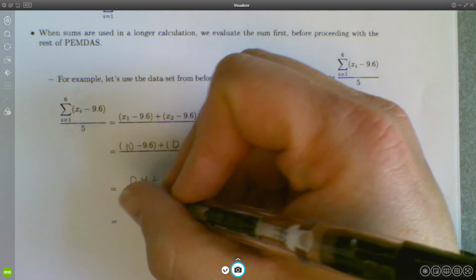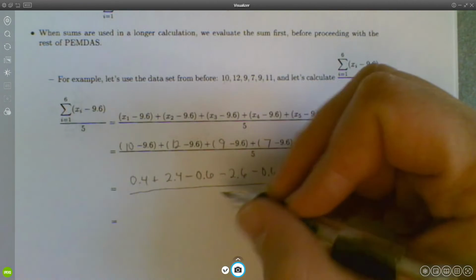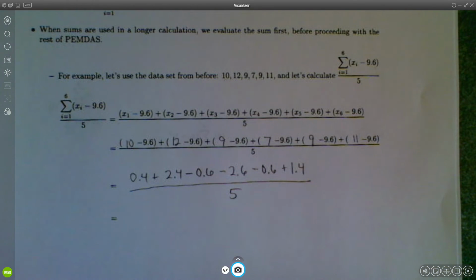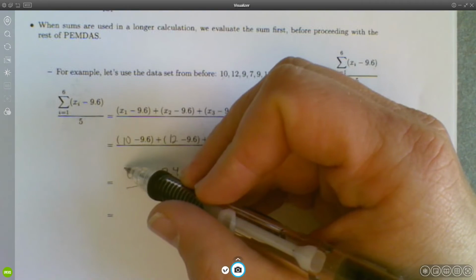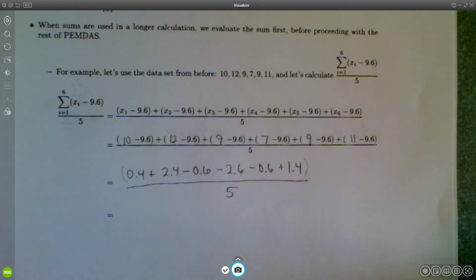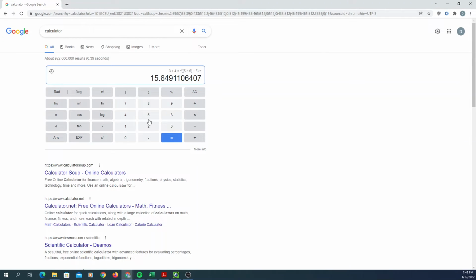And I want to divide the whole thing by 5. At this point, you could punch this whole thing into your calculator. Just remember that you need parentheses around the numerator when you're punching it into your calculator. Okay, so if I were doing this using the Google calculator, it would look like this.